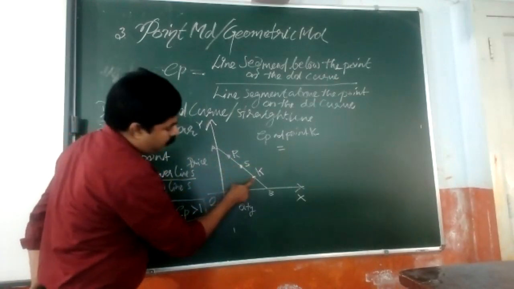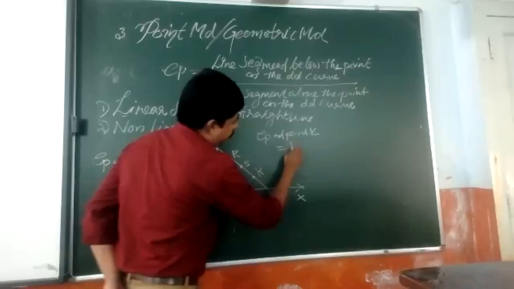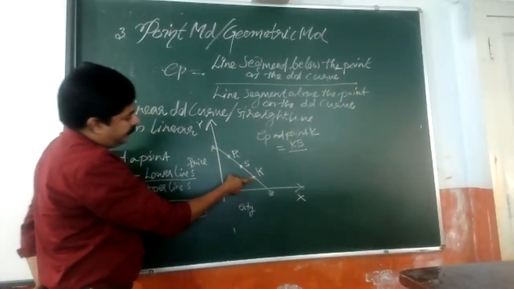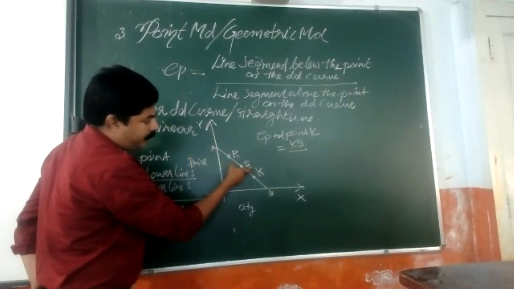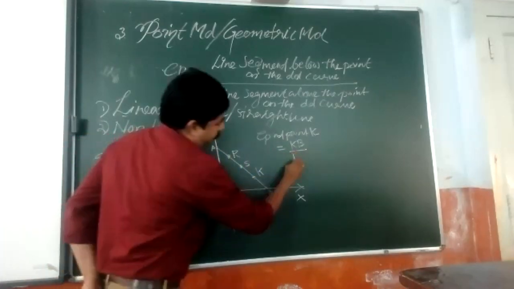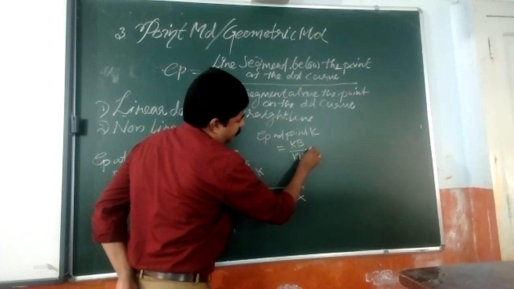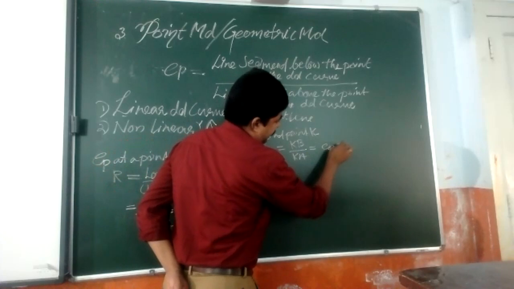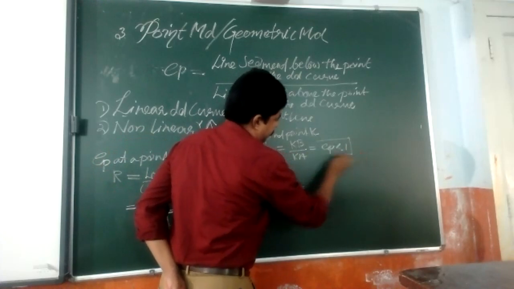Again you see, lower line is KB upon upper line is KA. That means the value will be less than 1.